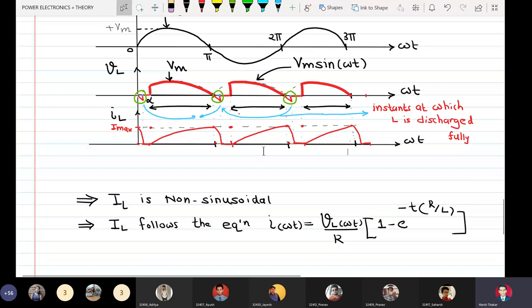Now on this only we will superimpose the continuous current mode. See now how it will be. I'll draw it with a different color.